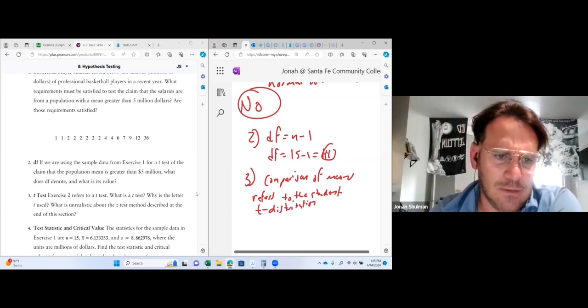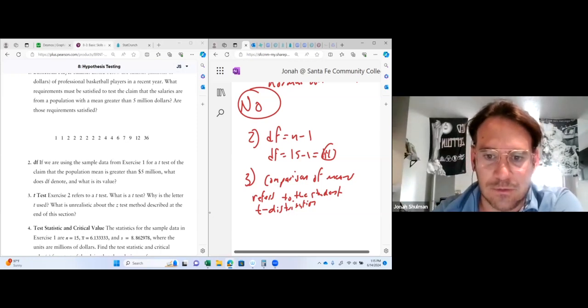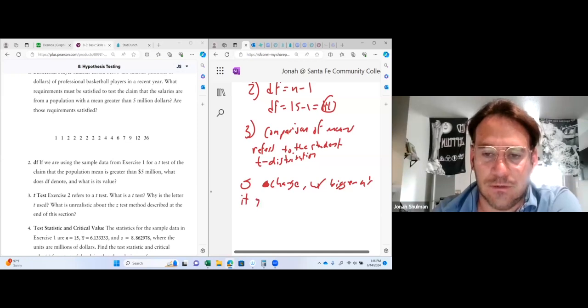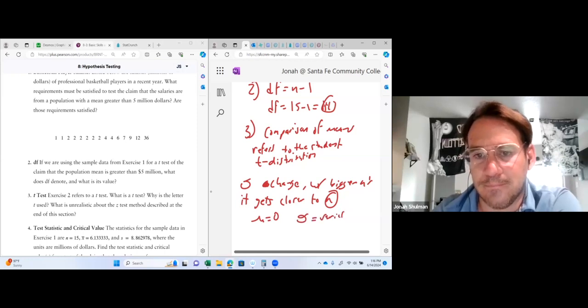The z-test method, it's basically all the standard deviations are the same, but this one we realized that the standard deviations change, and with bigger n's, it gets closer to the z, or gets closer to normal. Basically, the only difference between the z table and the t table is that the mean is still 0, but the standard deviation varies, and it should vary.